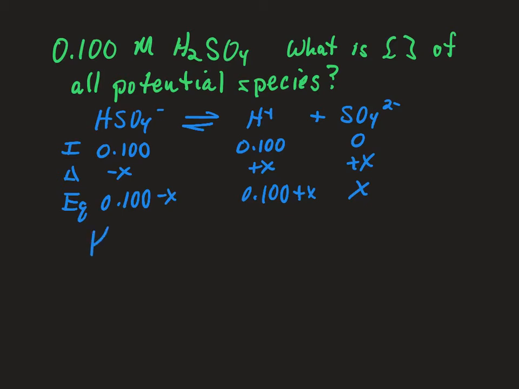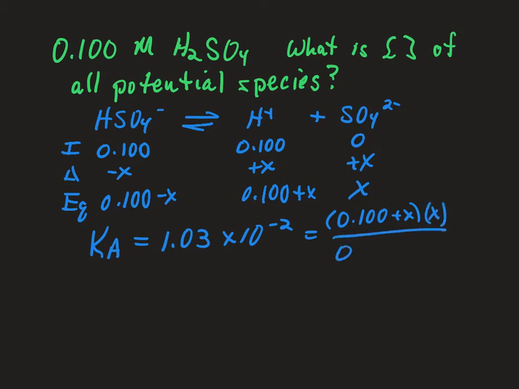Okay, so we said our Ka for that second dissociation was 1.03 times 10 to the minus 2, right? And so that's going to be equal to our hydrogen ion concentration, 0.100 plus x, over 0.100 minus x, right?